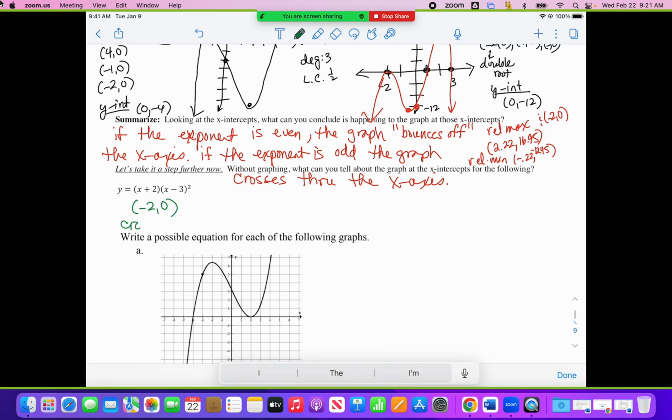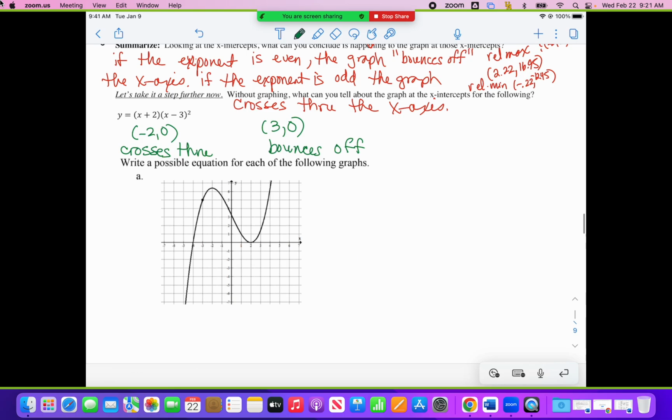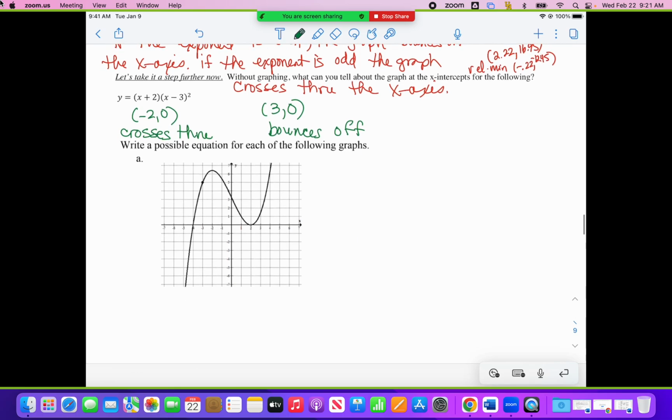So this is going to cross through. And then the 3, 0, that bounces off the x-axis. So the big idea is when you have an even root, we've only looked at double roots, but I could have a quantity to the 4th power, to the 6th power, to the 8th power. Those will all be bounce-offs.